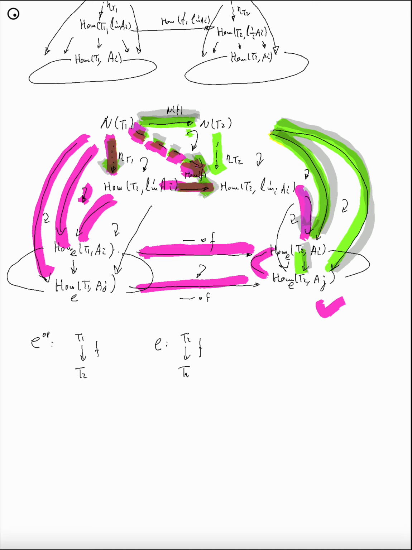If you want to prove that they are the same, you have to say that the red bar also makes the green diagrams commute, or the green bar also makes the red diagrams commute.